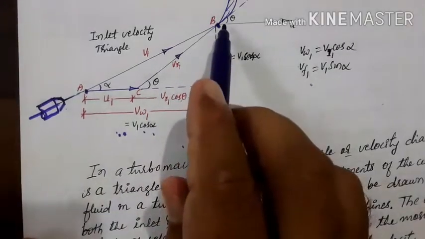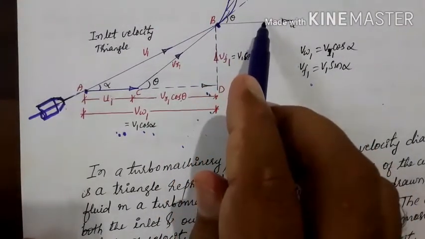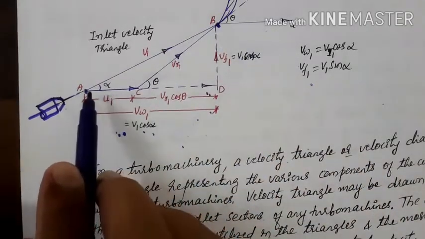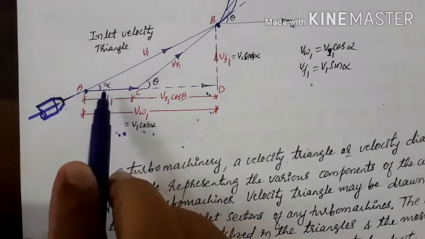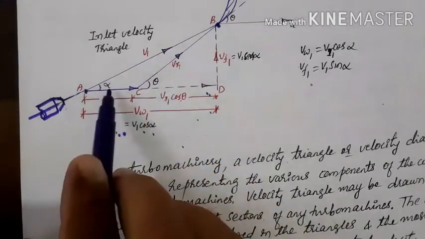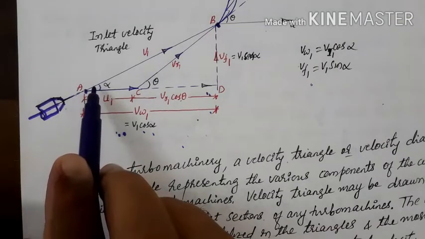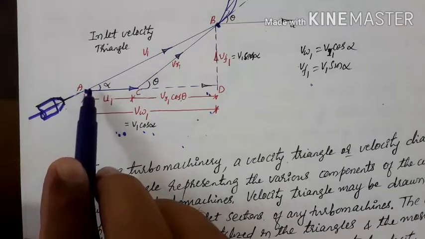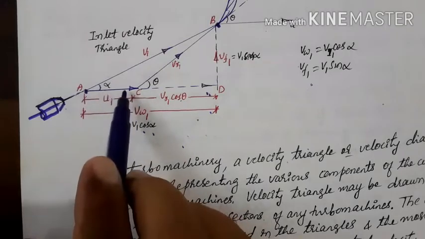The next, draw a line AC. As I said, this vane is moving in this direction, so we have shifted this vector and kept it here, that is, we have joined the tail of the plate velocity vector to the tail of the absolute velocity. Okay, so we kept here the same magnitude and direction.